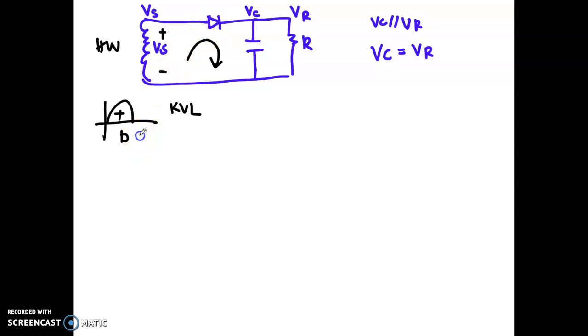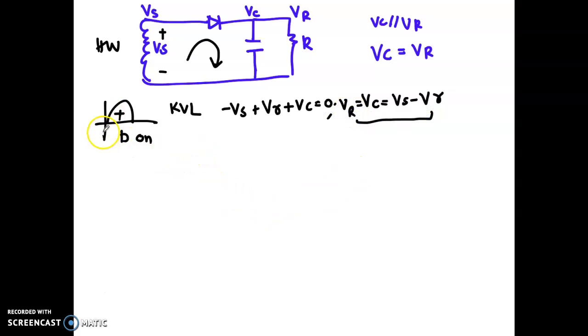At your positive cycle, the diode will be on, right? So it becomes minus Vs plus V gamma plus Vc equals 0. So Vc equals Vs minus V gamma. Your Vc will always be the same as Vr.